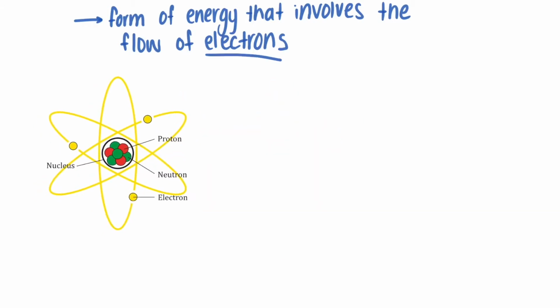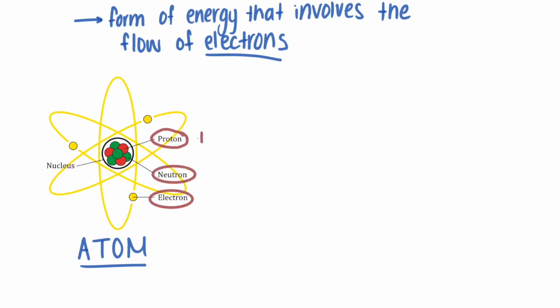Remember that everything around us is made of atoms, and atoms have protons that are positively charged, electrons that are negatively charged, and neutrons that are neutral. The electrons revolve around the nucleus, which is made of the protons and the neutrons. Usually the number of protons is equal to the number of electrons, so the positive charges and the negative charges balance out.